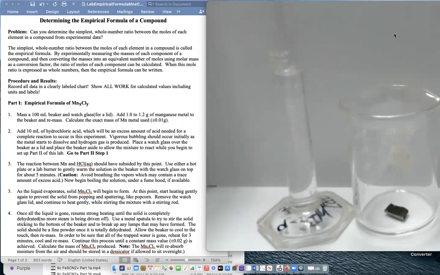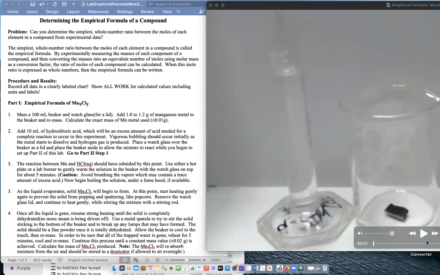And if necessary, you could actually use 3 molar. And then after the initial reaction occurs and it slows down, you might have to add a little bit more to it. I'd rather just use the 6 molar and go from there and get the results. So I'm not trying to tell them what the answers are, but 6 molar will be plenty of the material that you need available. This is actually the reaction that occurs.